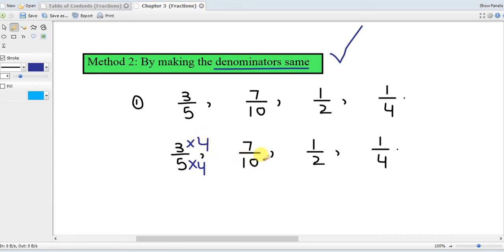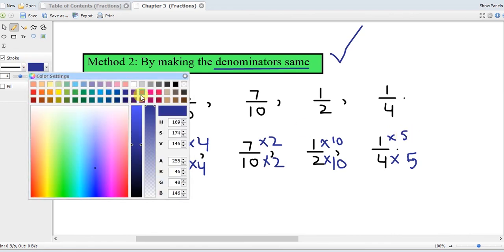How can I make this 10 to 20? 10 times 2 will give me 20, so apply the same thing to the numerator side. 2 times 10 will give me 20, so apply the same thing to the numerator side: 1 times 10. And 4 times 5 is 20, so we have to multiply by 5 in the numerator as well.